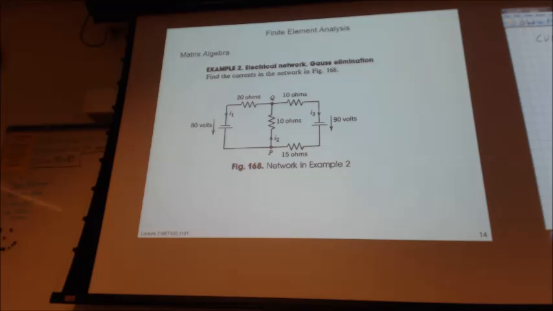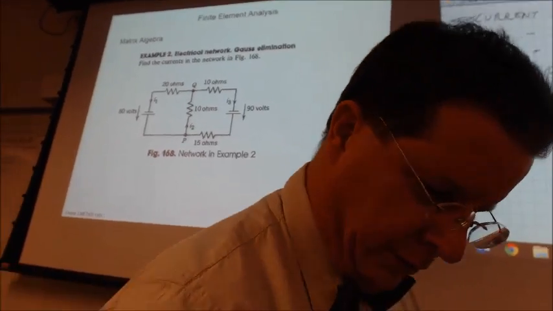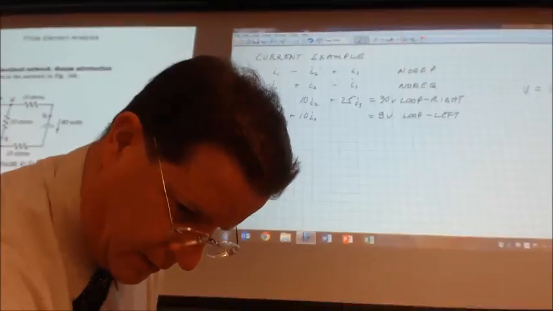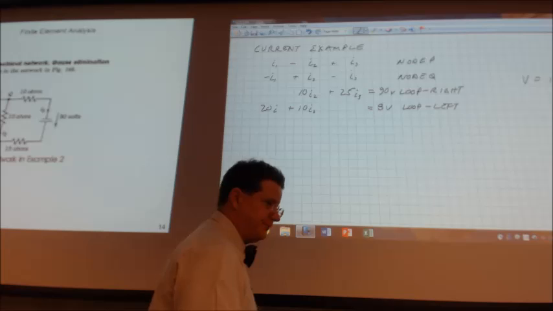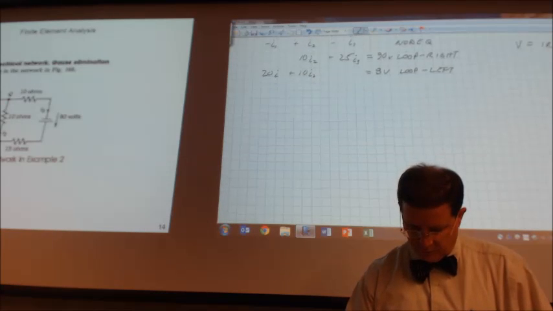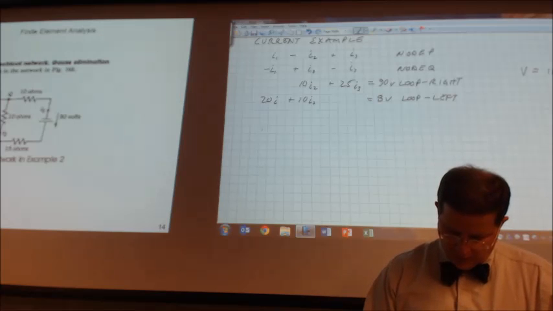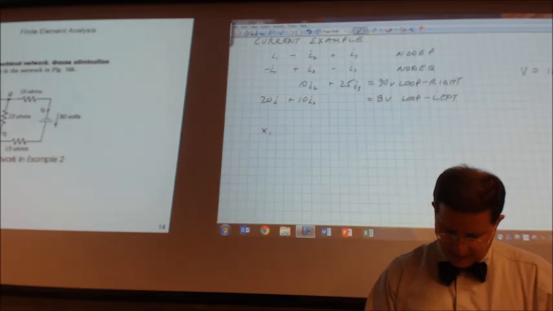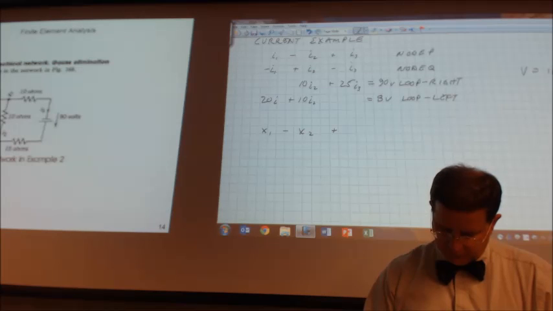Okay, so that gets our system of equations set up. So let's work through our example. I'm just going to change these to X's.